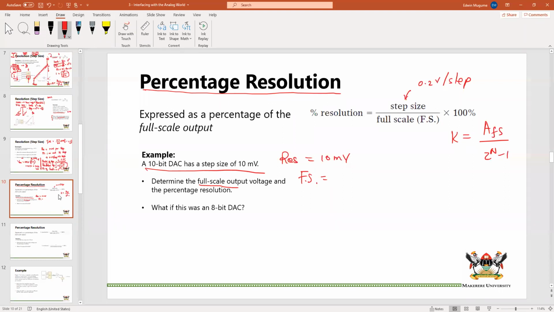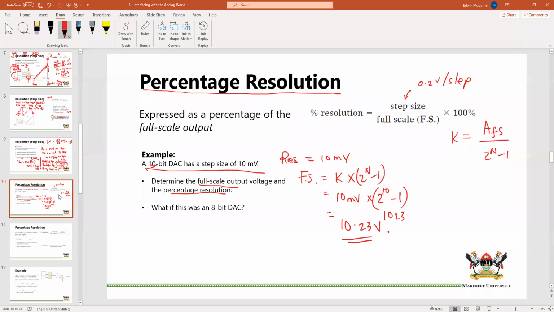So we can use that equation to say that full scale is equal to K times 2 to the power n minus 1, which is equal to 10 millivolts times 2 to the power 10 minus 1, which is 1023. So we have 10.23 volts.